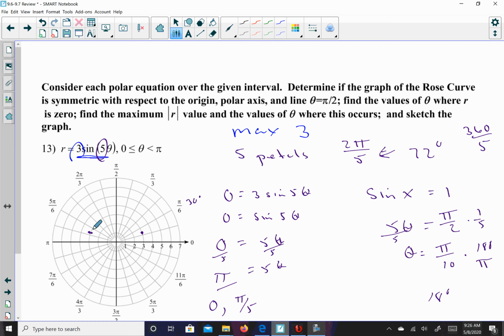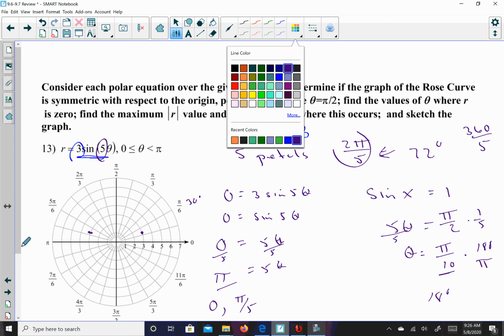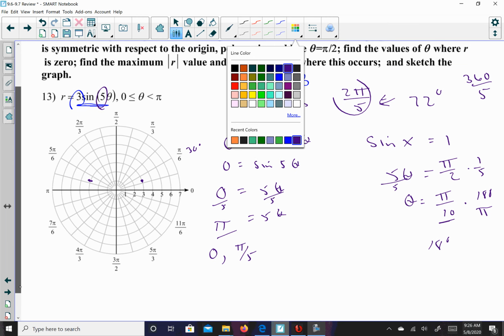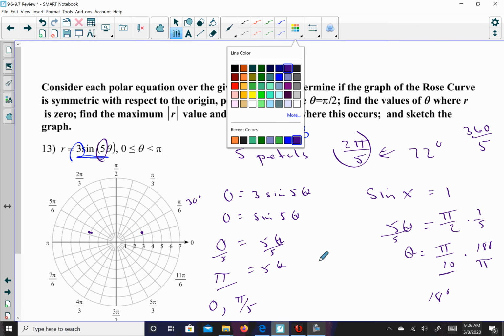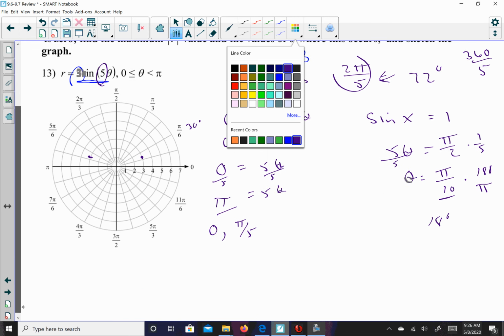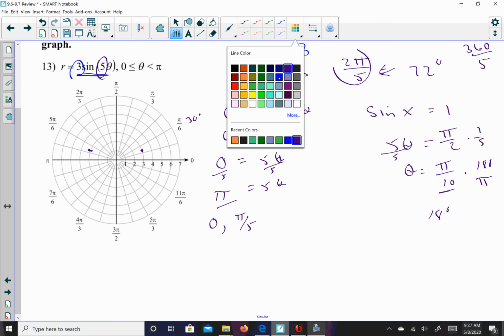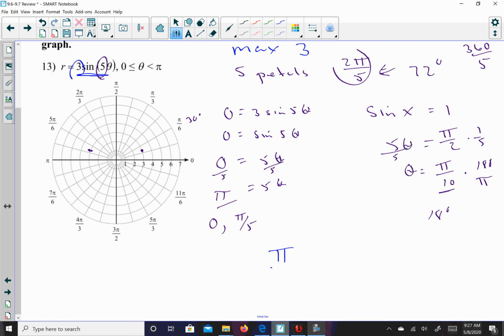If I want to find more, I know that one is at pi over 10. I know the difference between them is 2 pi over 5. So what I'm going to do is go down here. I'm going to take that pi over 10, that's where my first max occurs, and I'm going to add 2 pi over 5.